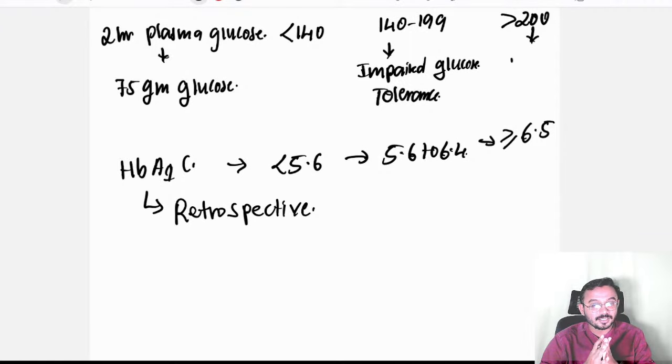But HbA1c tells the blood glucose value of the previous 3 months. Since it isn't affected by recent meal intake, you can eat sweets and all, but your HbA1c value will give the true value. That's why this is the best diagnostic test for diabetes mellitus.